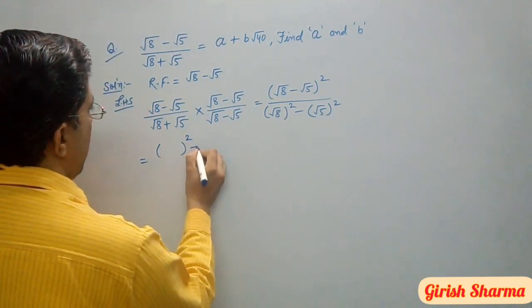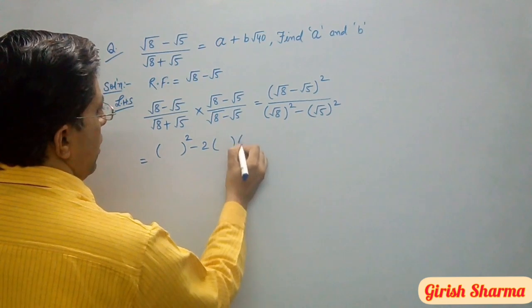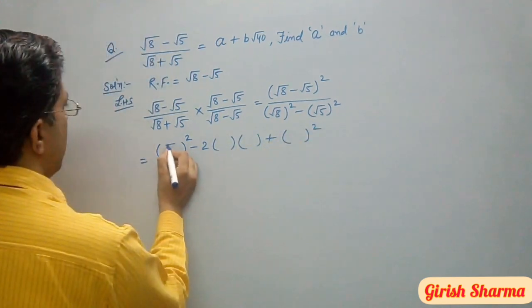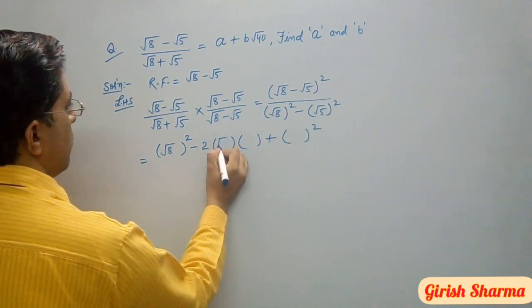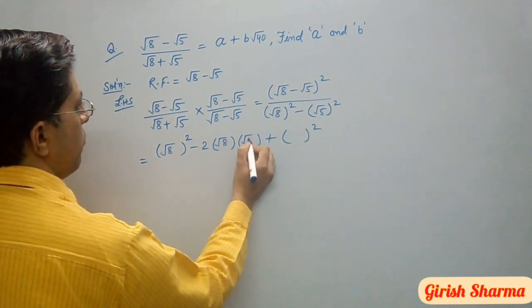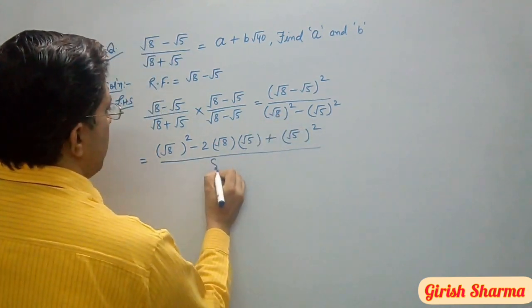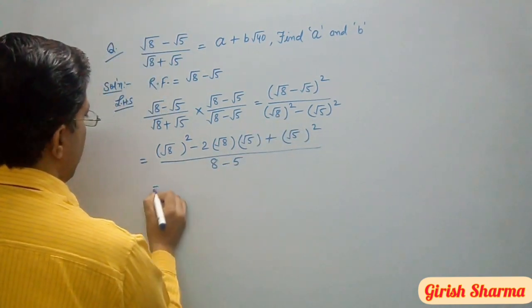A square minus 2ab plus b square, and the denominator is 8 minus 5.